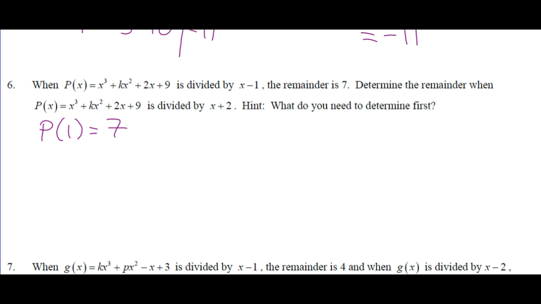All right, I know p of 1 is 7. But what's p of 1 also? It's 1 cubed plus k times 1 squared plus 2 times 1 plus 9. So 7 is equal to the polynomial evaluated at an x value of 1, which means now we can solve for k.